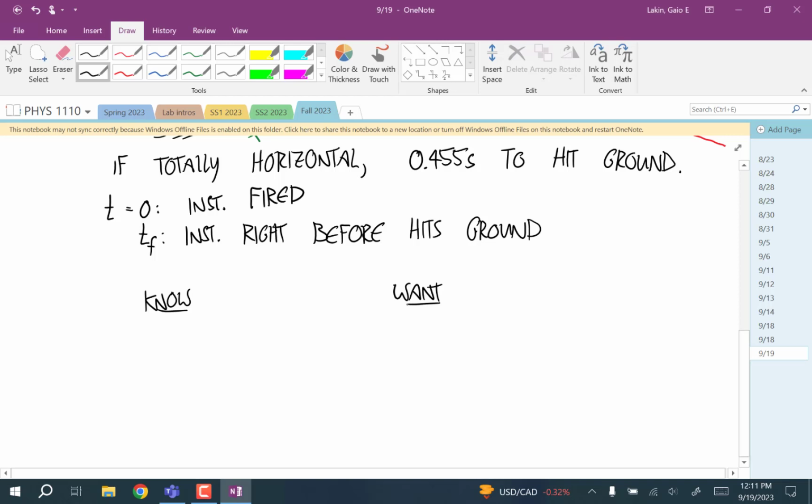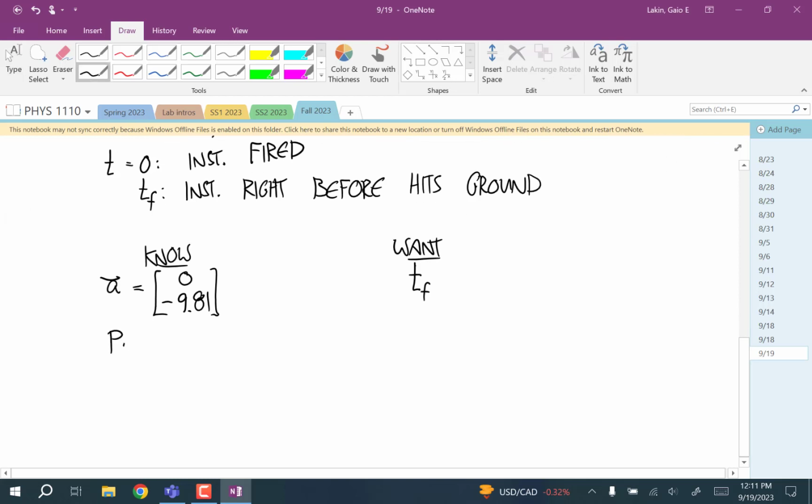TF, do we know that? What the stopwatch says when it hits the ground? No, that's what we're trying to find. It's free fall, so the acceleration is 9.81 down, or in our coordinate system, 0, negative 9.81.